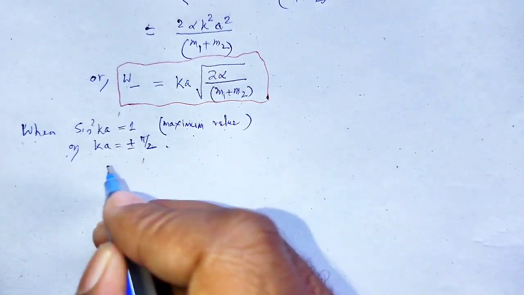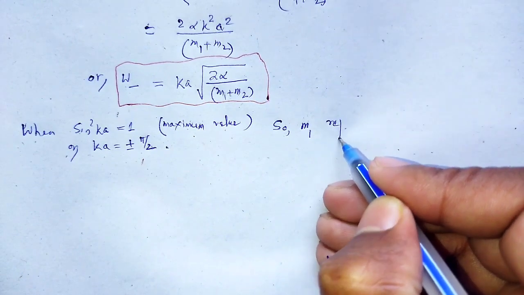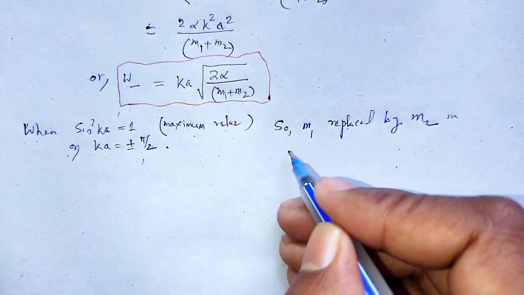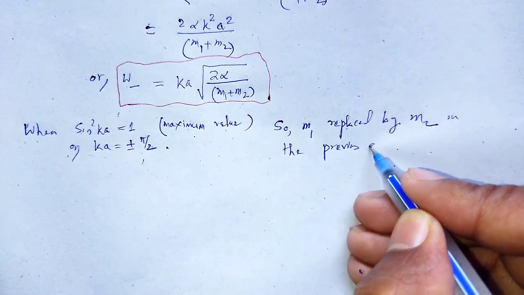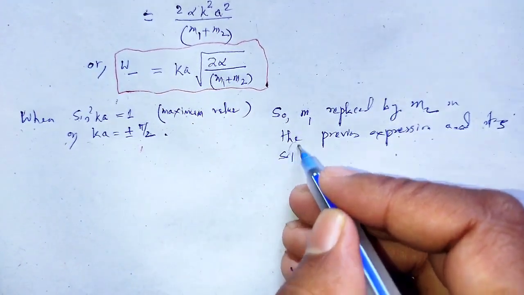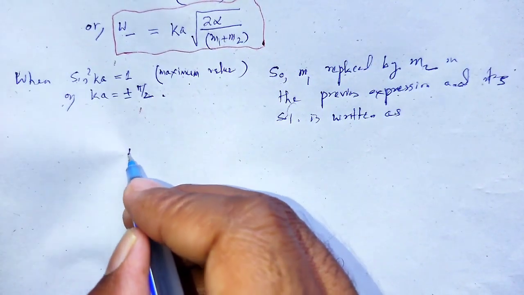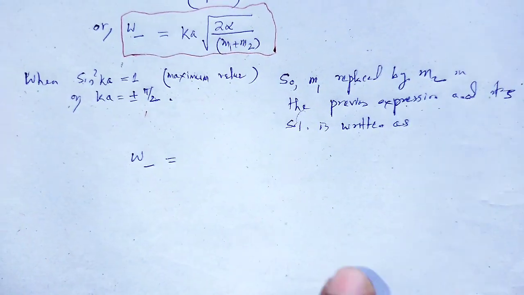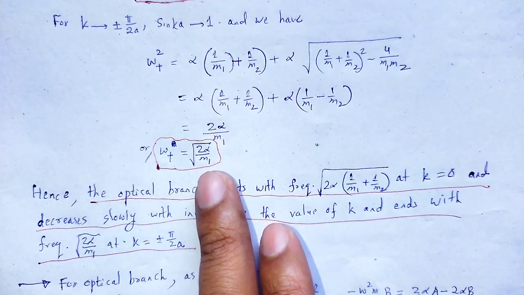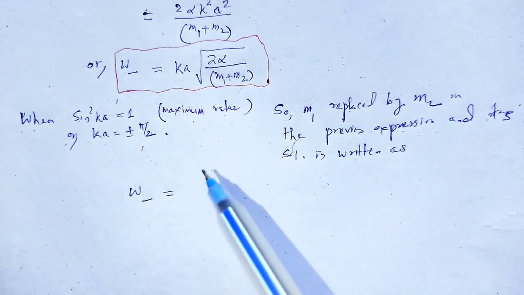So m1 is replaced by m2 in the previous expression, and its solution is written as omega minus is equal to, that previous expression, here under root 2α by m1, but at that situation sin ka is equal to 1 and in place of m1 we just replace m2.